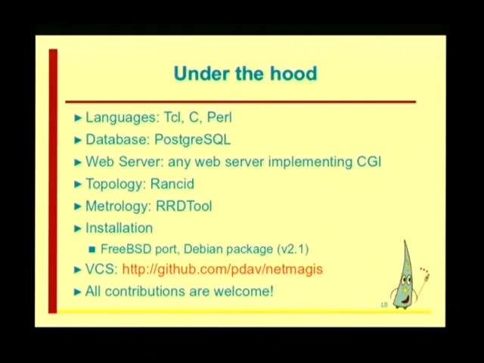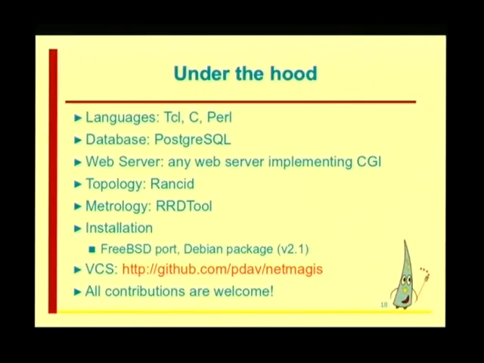So how, under the hood, what's behind netmagis? It's mostly written in Tcl, C, and Perl. We use PostgreSQL as a database. We use Apache as a web server, but any web server implementing CGI will do. The topology module is heavily based on a tool named Rancid to collect the configuration and to send commands to the network equipments.